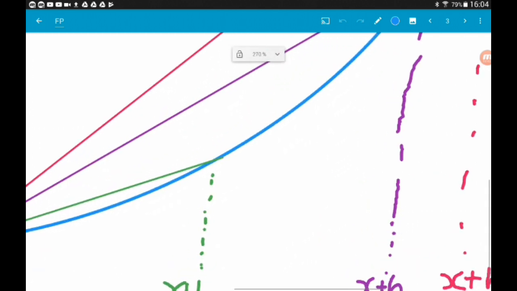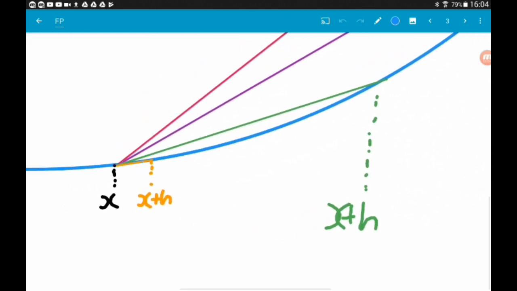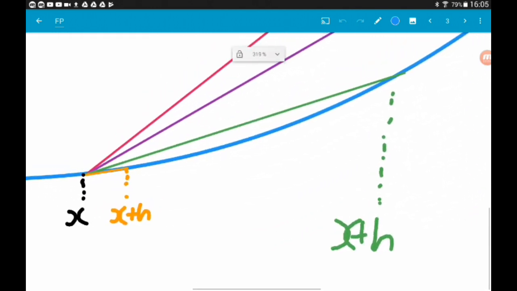Then we decrease h even more, so we can zoom in as well. So now we've got this green chord, which is even closer to the gradient of the curve. It doesn't really span very far, so now we've got a really small value of h.